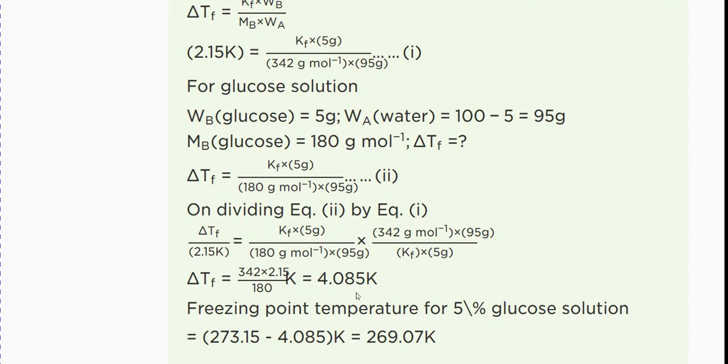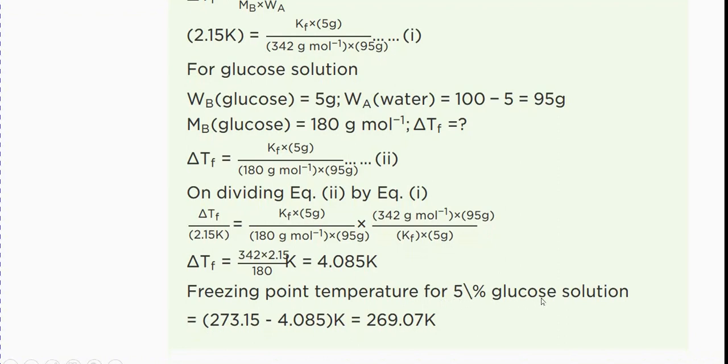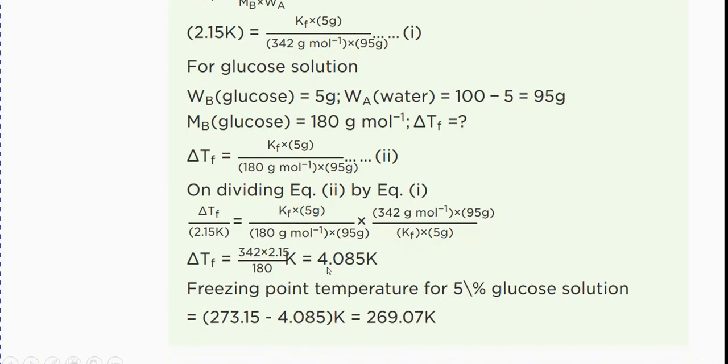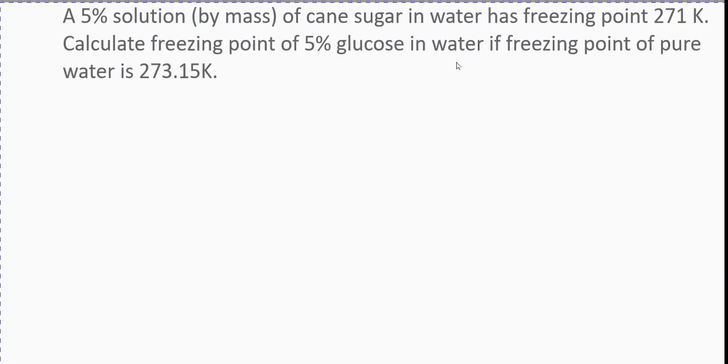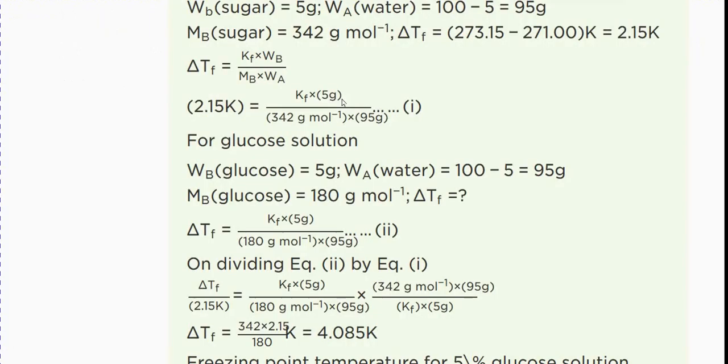So the freezing point of the 5% glucose solution: this is actually a difference in freezing point now. Already they had given the freezing point of pure water as 273 Kelvin.